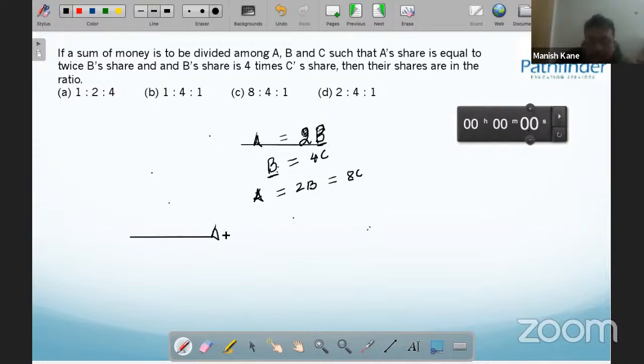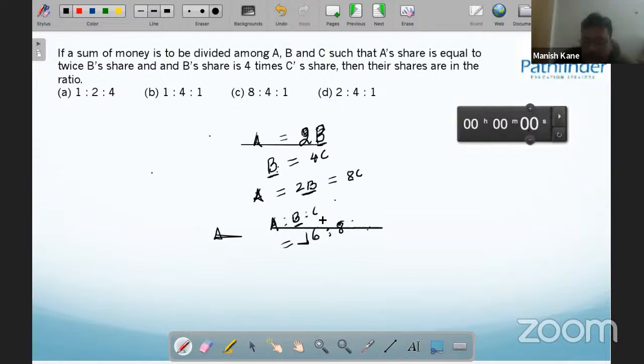Now this ratio can be obtained real fast. How? See how. A as to B as to C. I'm sorry, my equipment today is behaving slightly funny. So if you want the ratio of A, just ignore A and multiply the coefficients of B and C. 2 into 8, 16. If you want the ratio for B, just ignore the coefficient of B and multiply coefficients of A and C, which is 8.